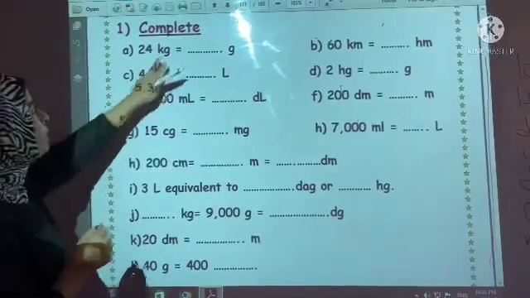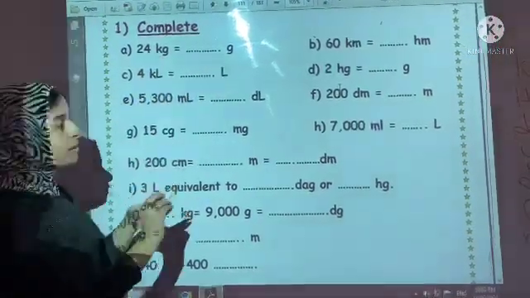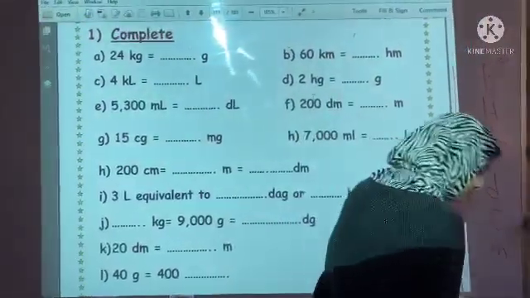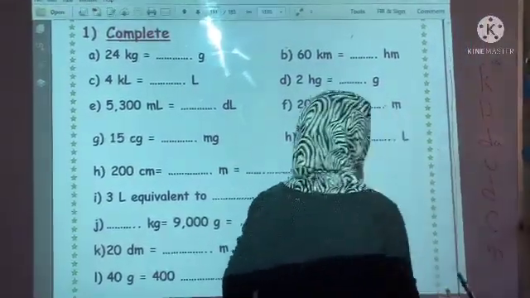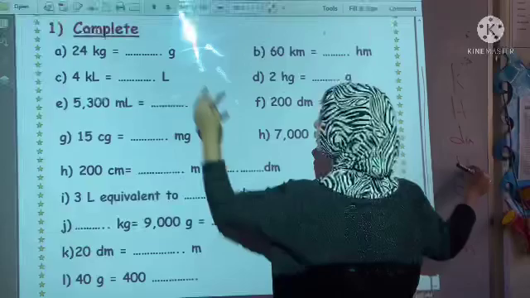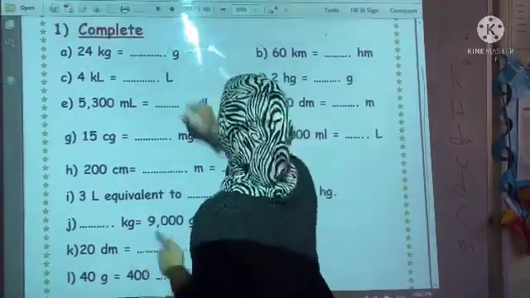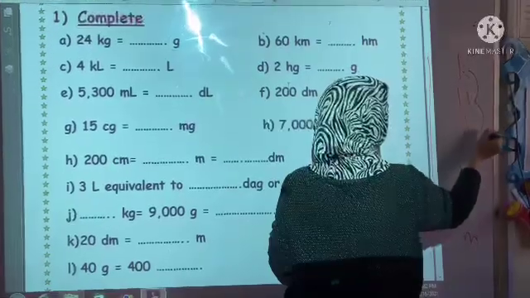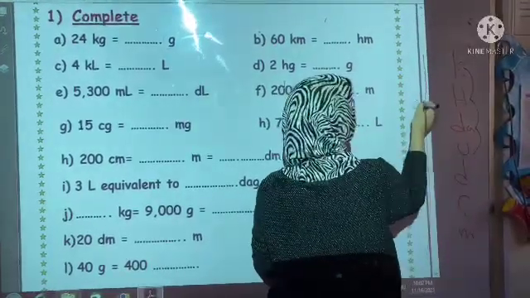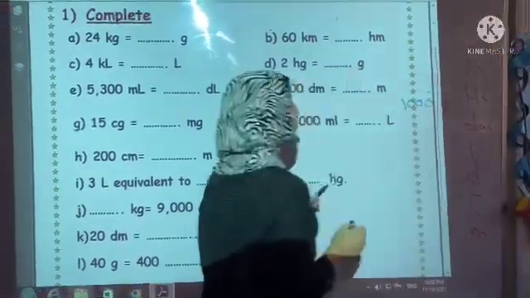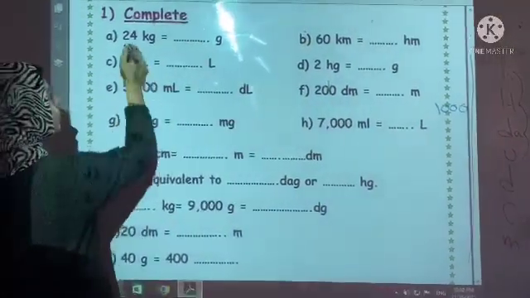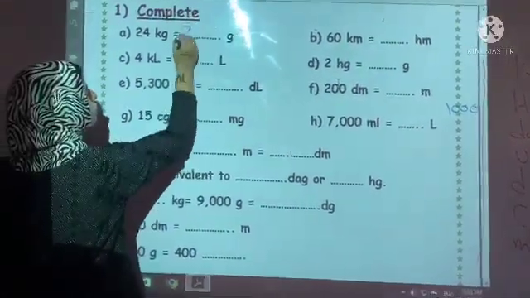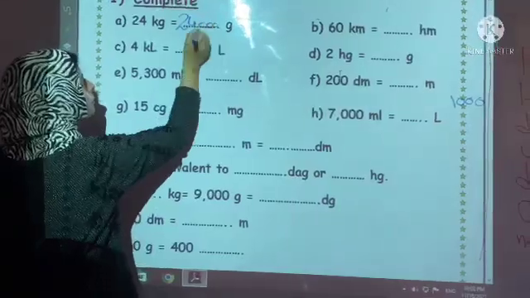So 24 kilogram equals how many gram? That means I will move from kilo to the unit. What is the unit I have here? It's gram. So let's move from kilo to the unit. 10, 10, 10. So that means 1000. I'm gonna make it times 1000, so 24 times 1000, it will be 24,000.